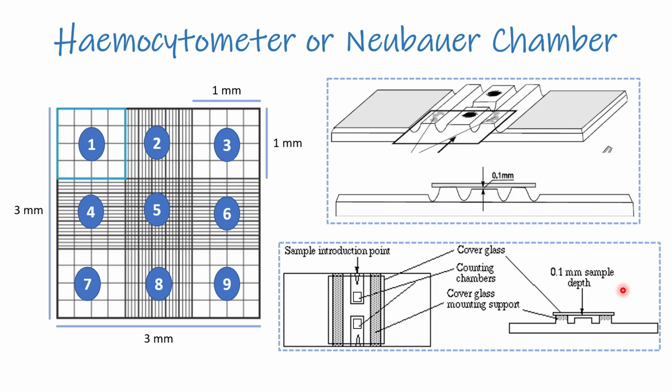And this is important because we need the volume of our counting area in order to measure the concentration of our cells per milliliter.